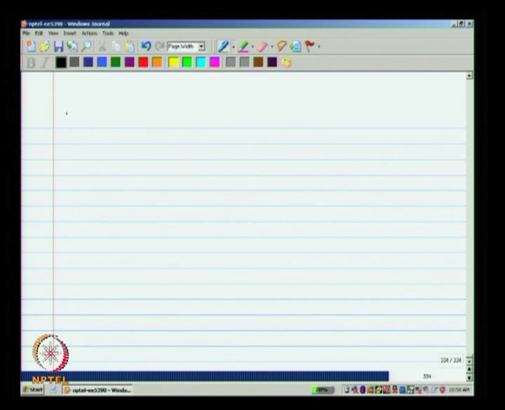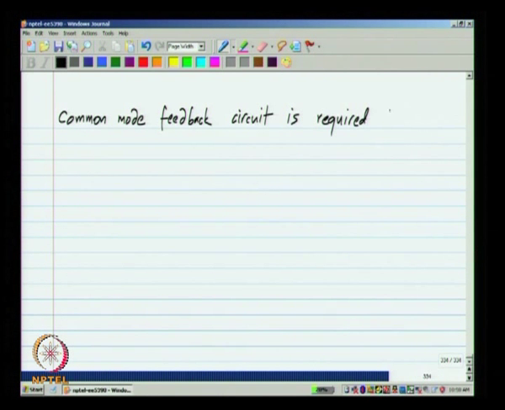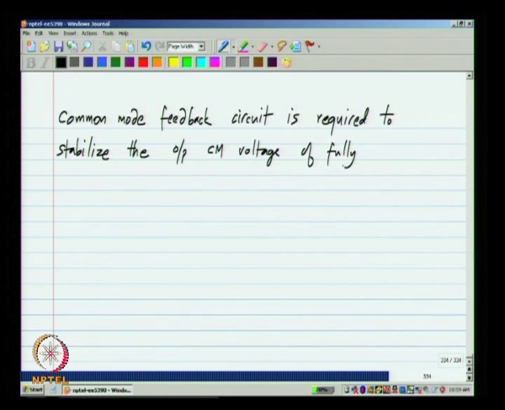So, in summary, the common mode feedback circuit is required to stabilize the output common mode voltage of fully differential circuits.